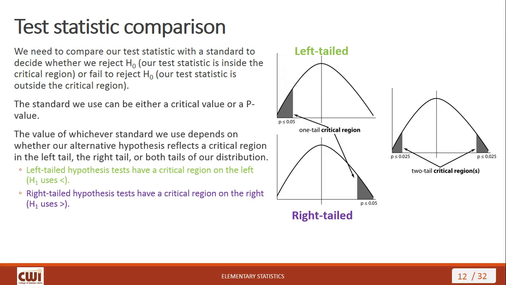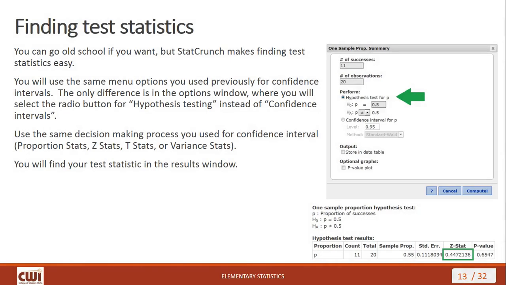Here we see our alternative hypothesis will use a greater than sign. Two-tailed hypothesis tests have a critical region on both sides of the distribution. Here we find our alternative hypothesis uses a not equal to sign. So, depending on the inequality sign used in our alternative hypothesis, we can tell right away what type of hypothesis test we have: left-tailed, right-tailed, or two-tailed. And this tells us the location of our critical region.